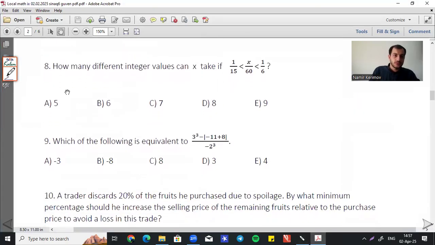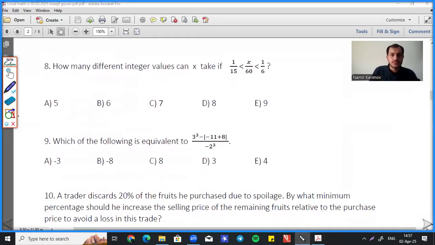Let's move to the other one. 8. How many different integer values can X take? For that kind of question, it's better to make the denominator the same. For example, the first one we can multiply by 4, and that one by 10 to get 60.